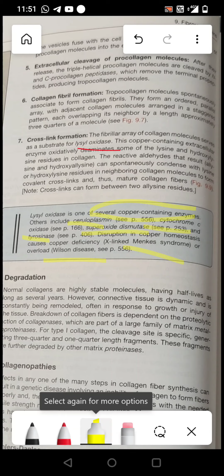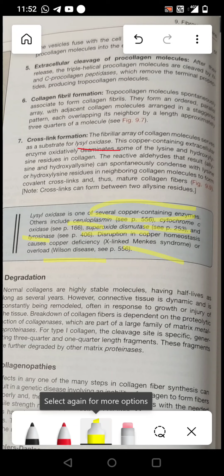So hydroxylation of proline doesn't take place, hydrogen bonds become weak, leading to a bleeding problem.